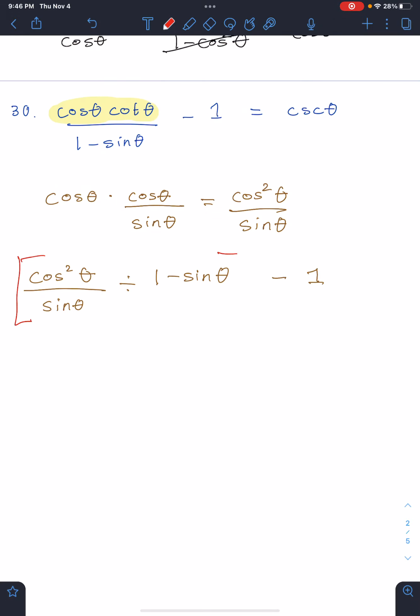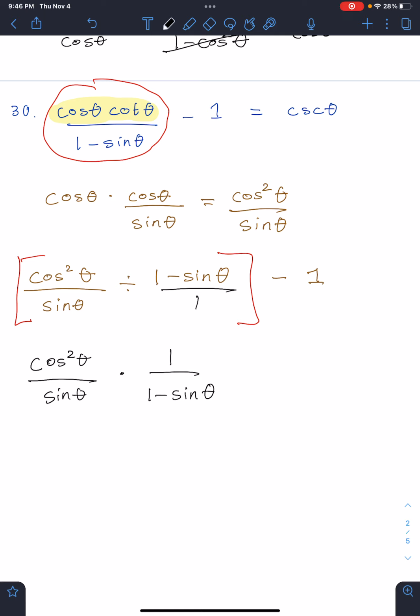I'm going to deal with this part first, which is just this, everybody. Instead of dividing up and down, I write it side to side. Sometimes I feel like I get a better visual doing that. So now I have cosine squared theta over sine theta times 1 over 1 minus sine of theta. And once again, all of this is being subtracted by 1.